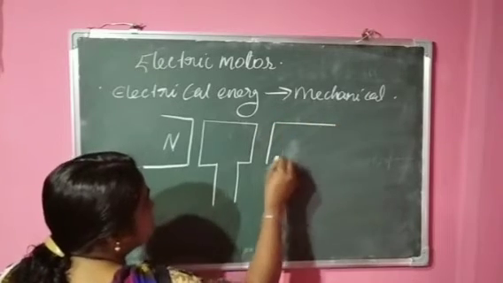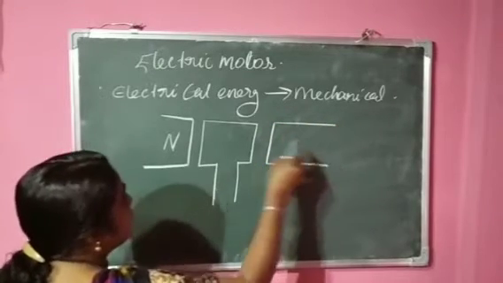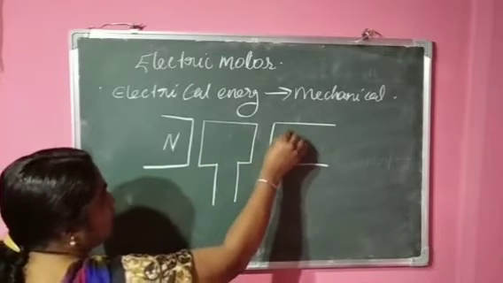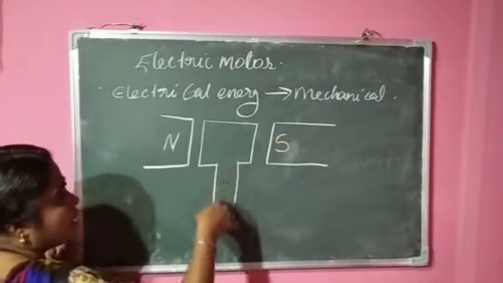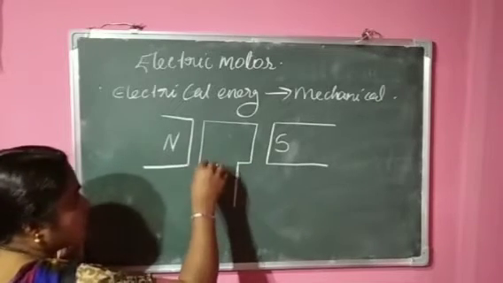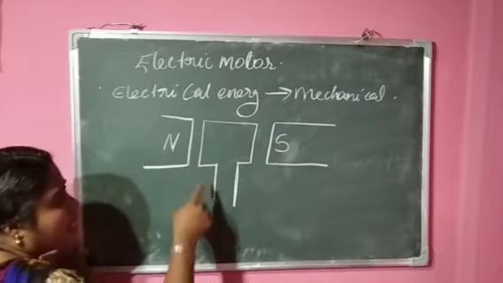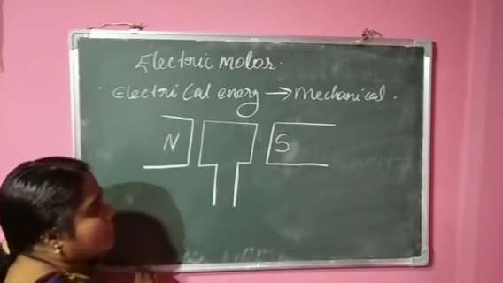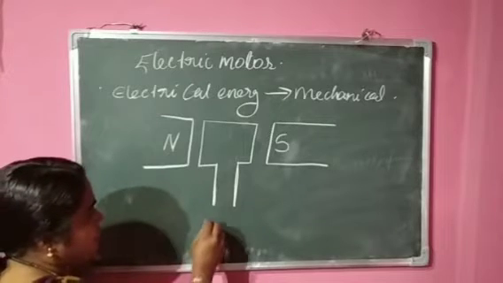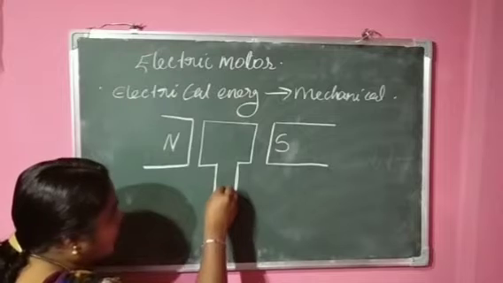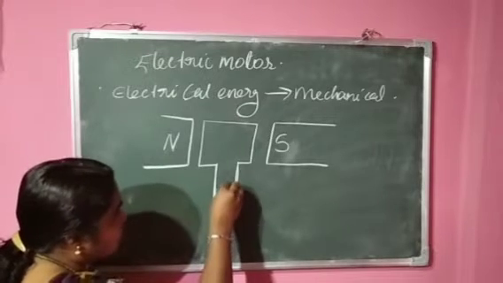That means the rectangular coil is placed in a magnetic field. It consists of so many windings also, and all together this part is called the armature. The moving part is called the armature.